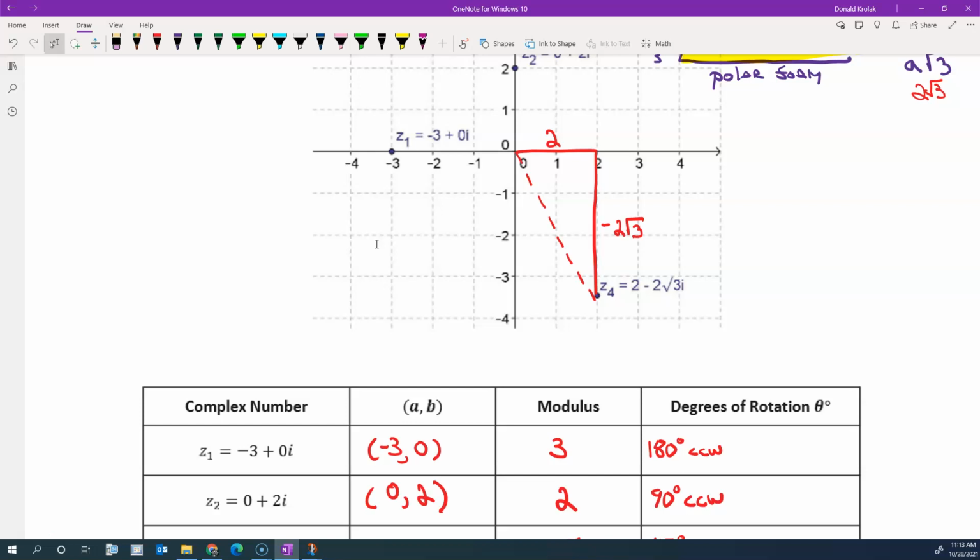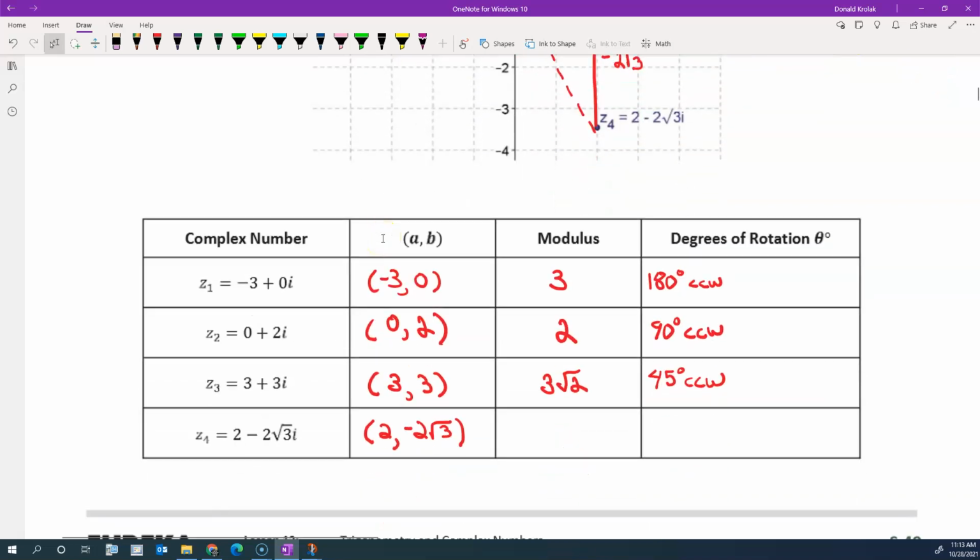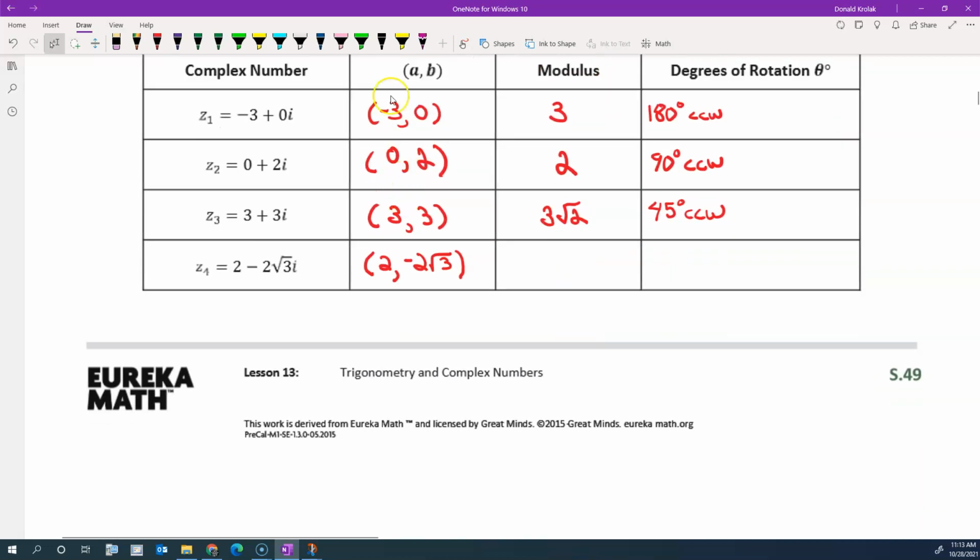Its length. You're not going to give me a degree, you're going to give me a length. Like, is it 3? Is it 5? Is it 4? Well, if we don't see it right from the get-go, then we can do the modulus, right? The modulus is just the square root of a squared plus b squared. All right, so let's do that.